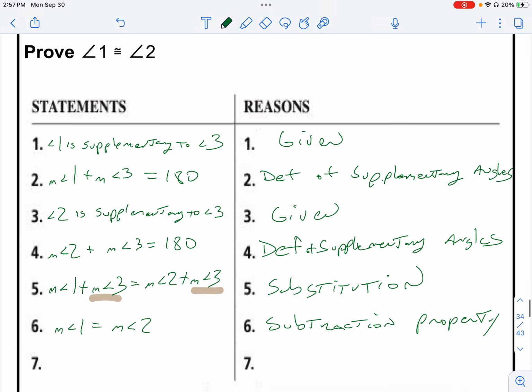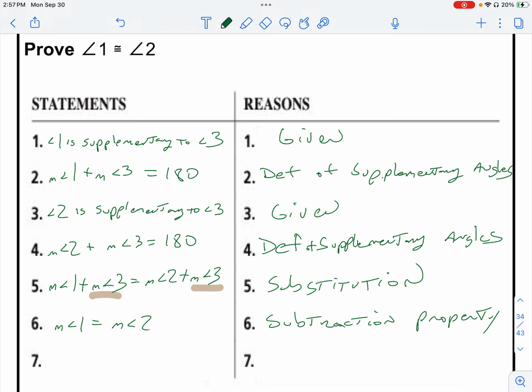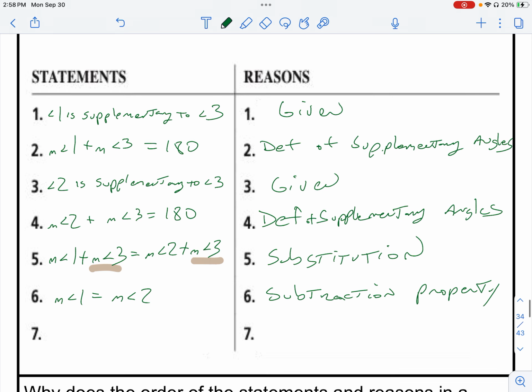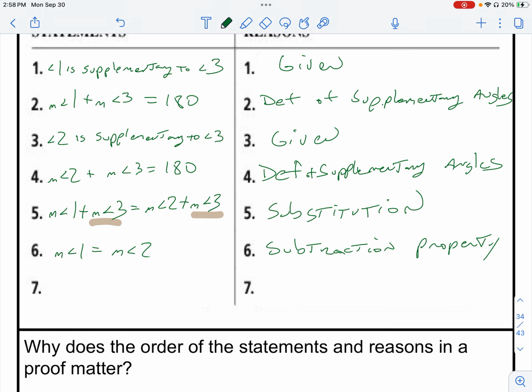But now I'm in a bind because it wants me to prove that angle 1 is congruent to angle 2, not that their measures are equal. But if I recall, when the measures of two angles are equal, the angles are congruent. That is the definition of congruent angles.